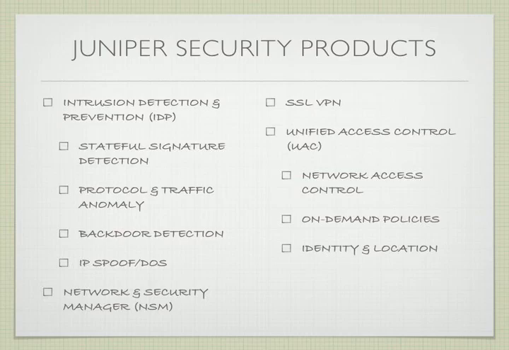So with using the universal access control as a network access controller, you can identify specific users or specific devices, and then in real time rules are written on the firewall to only allow access to particular areas or traffic for those users.